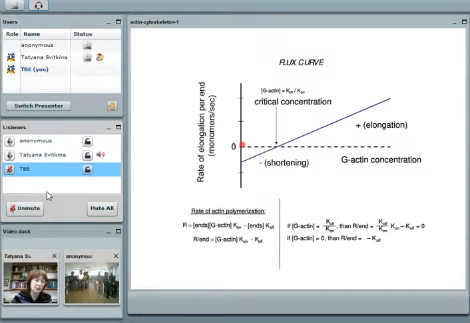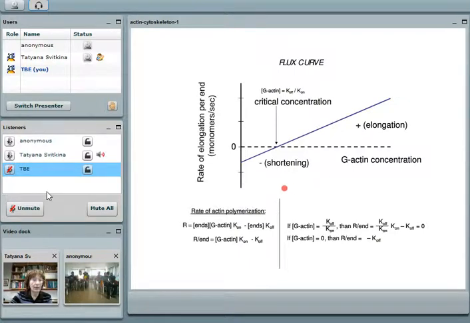Now, if we have monomer concentration of 0, then rearranging this equation, we can see that the rate would be equal to negative K off. And this is how we get this graph of the dependence of the rate of polymerization on G-actin concentration.